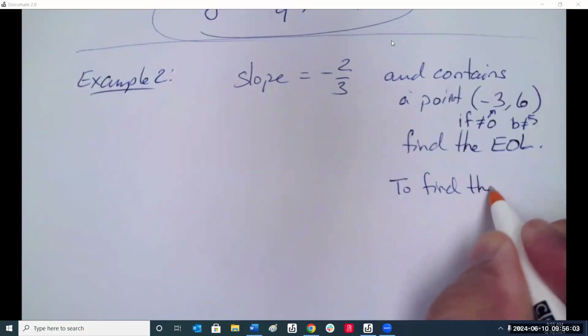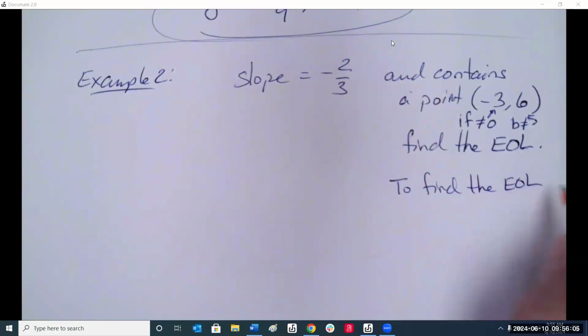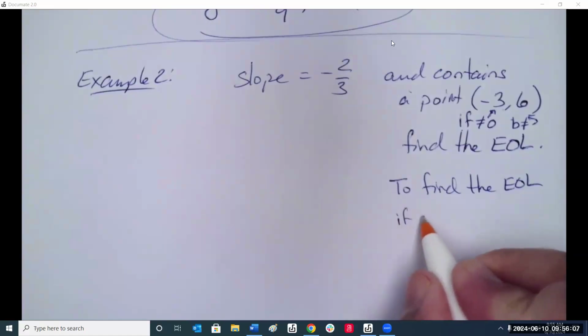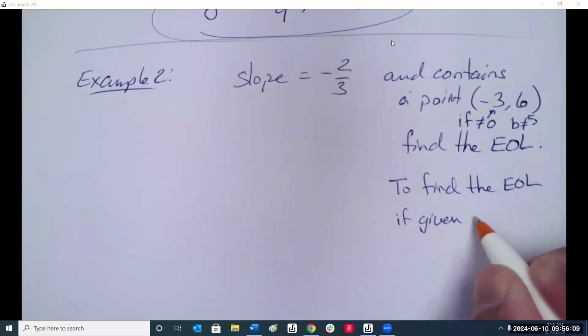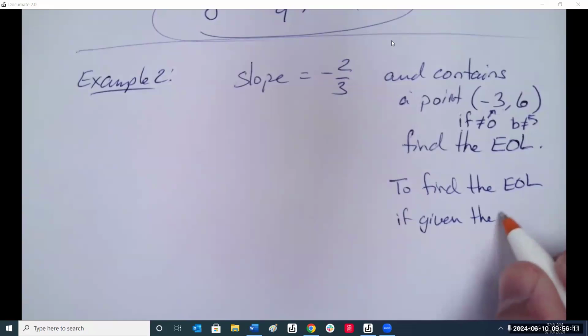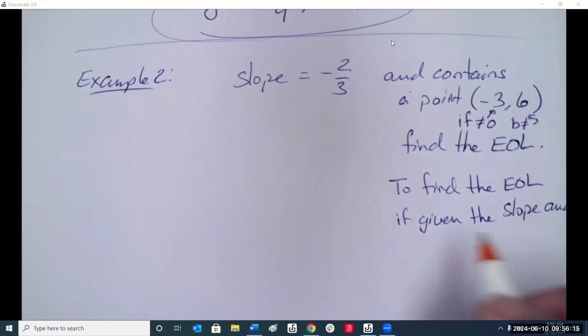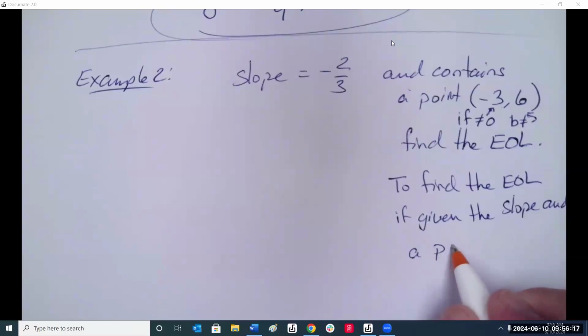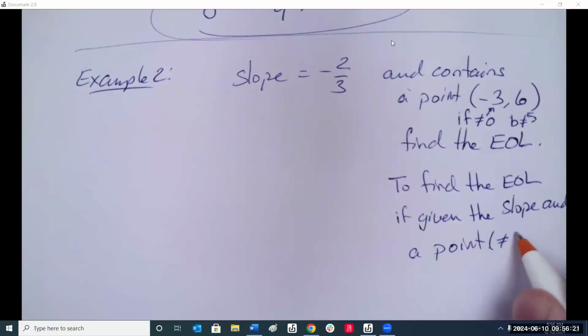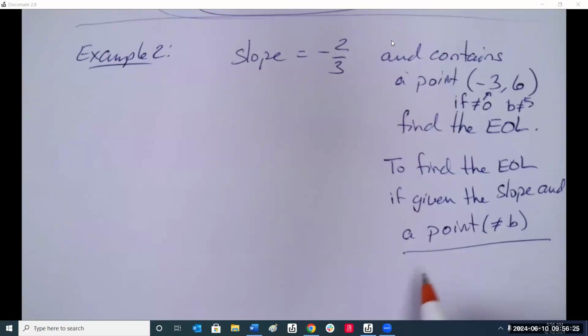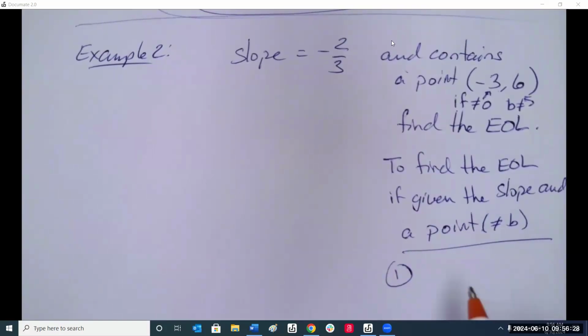To find the equation of the line, if given the slope and a point that's not the y-intercept, here are the steps.